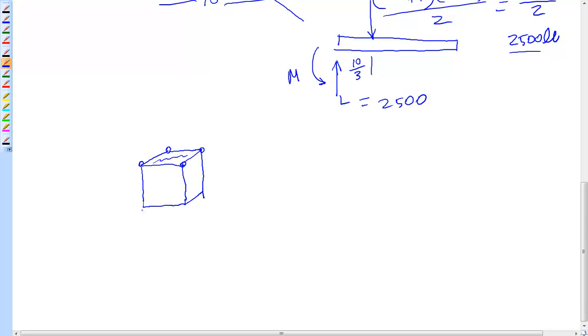It's attached to, say, another square down here. Okay, give me a minute. And say it's welded all along this edge. And you want to know, well, what's the load this thing is carrying?